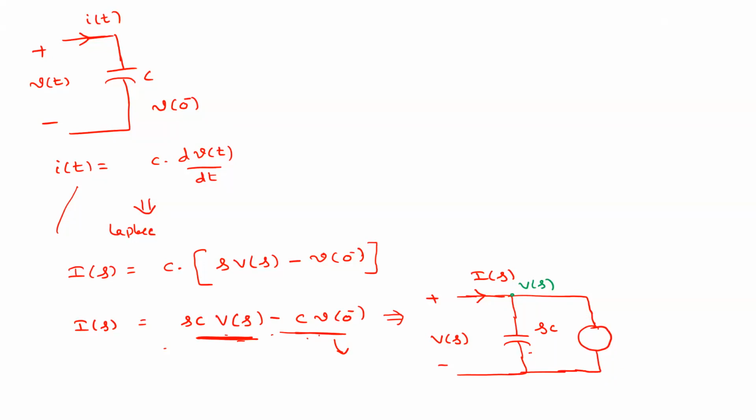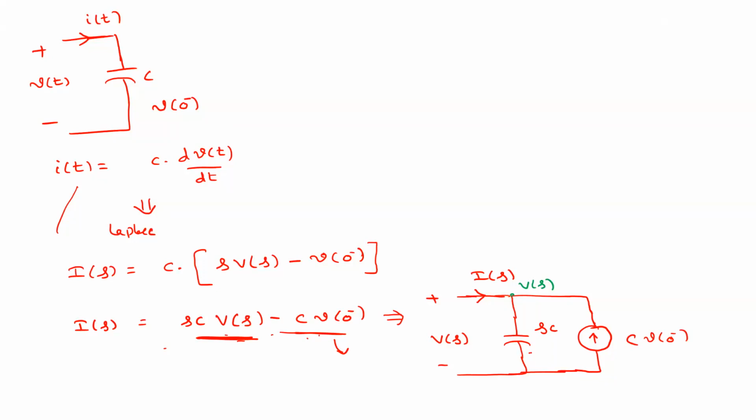Upwards, right. So what is its value? C into V of 0 minus. Understood?